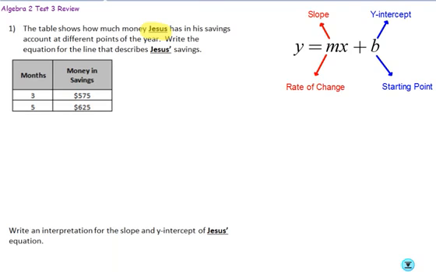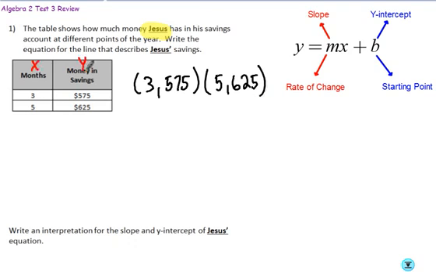So we have 2 points to work with. We have (3, 575), and then we've got (5, 625). Again, this represents that in month 3, because our x is going to represent months and our y is going to represent dollars. So 3 months, $575, 5 months, $625.